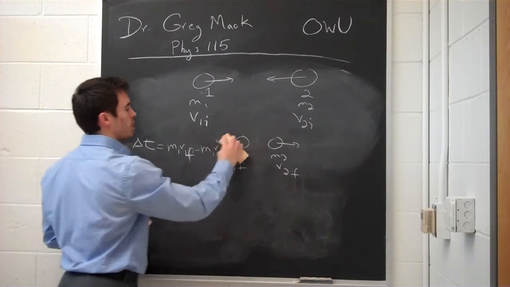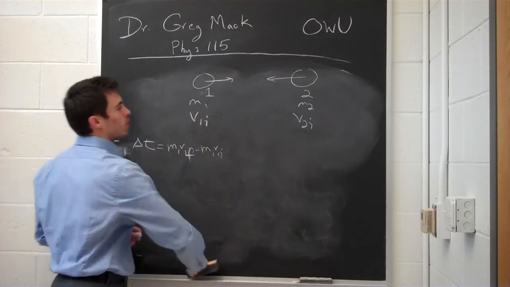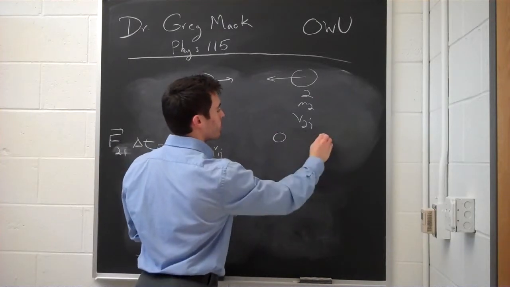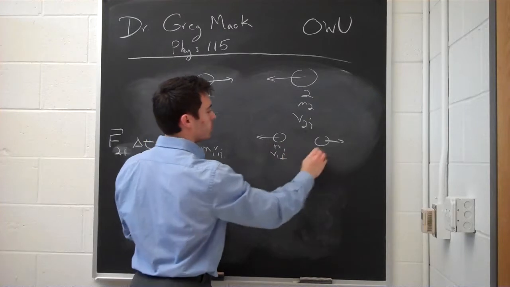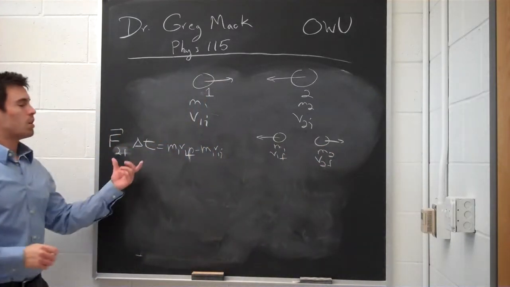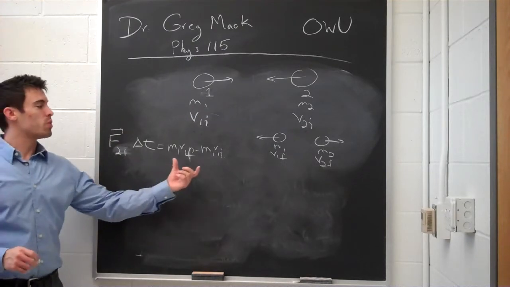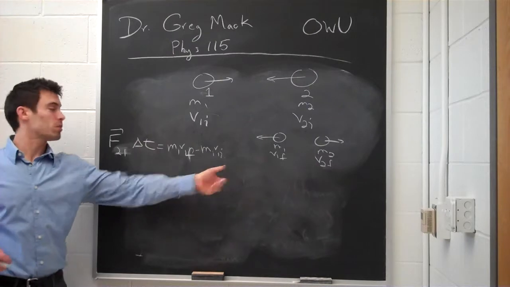Let me redraw this over here to get it out of the way. So F delta t is equal to the change in momentum. So I have m1 v1 final minus m1 v1 initial.